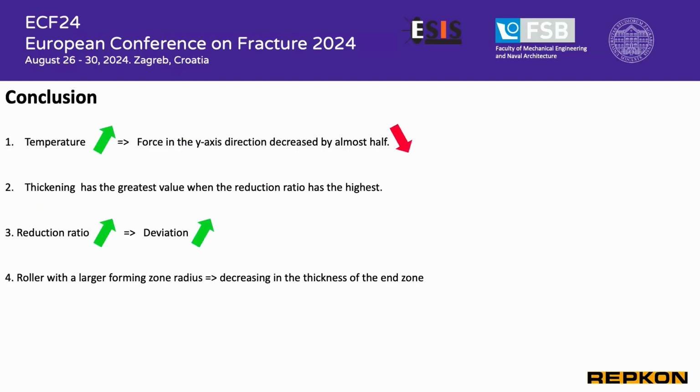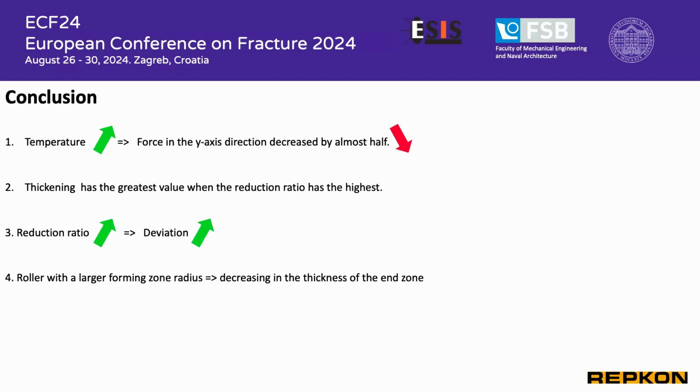As a conclusion, when the temperature increases, the force in the y direction decreases by almost half. And the thickening, when I say thickening, I was trying to say that at the end of the edge of the tubular preform, it gets thicker at some point.